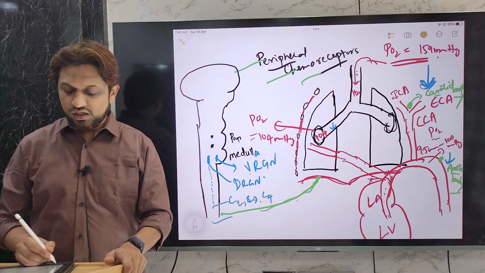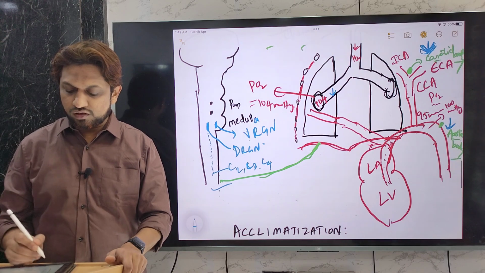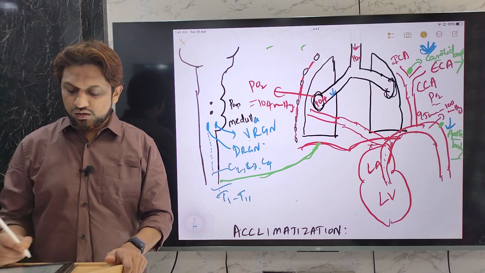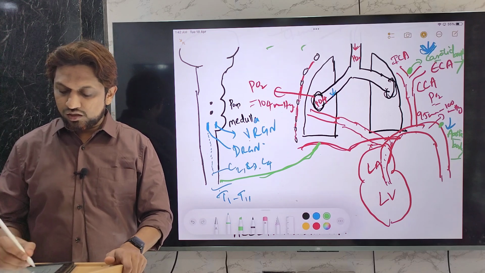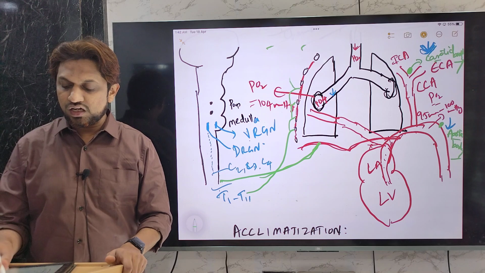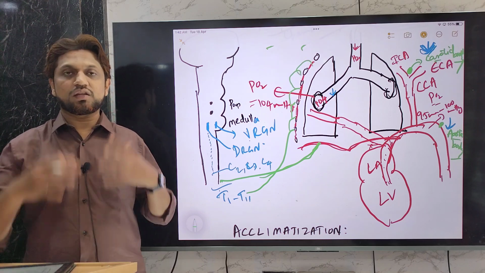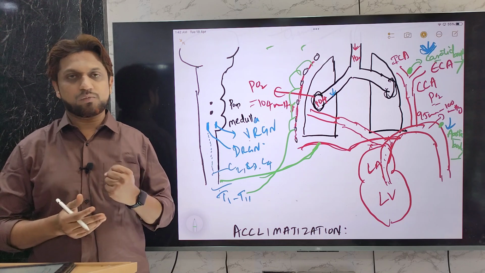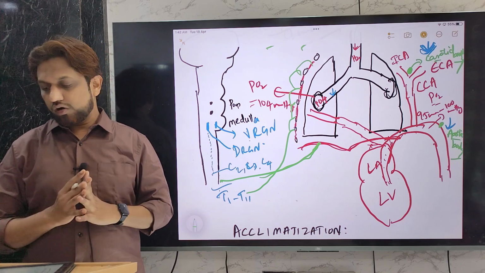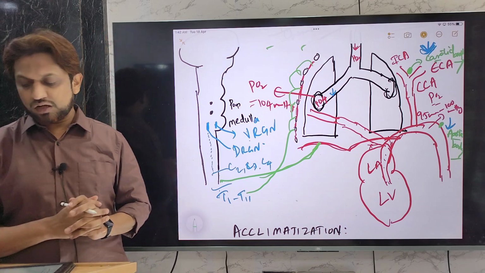Similarly, from this respiratory group of neurons, in the segments T1 to T11, they send the signal through the intercostal nerves to the intercostal muscles for inspiration, mainly the internal intercostal muscles. So generally they send the signal so that inspiration happens as an active process, with the normal tidal volume and all. We have already discussed this in the mechanics of breathing, so I am not going to describe it in detail.